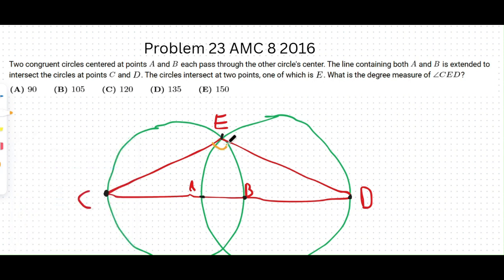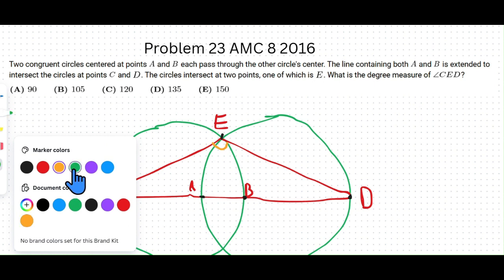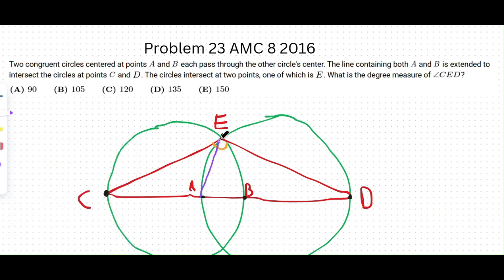What we can do is drop down an equilateral triangle right here. I'm sorry that my diagram is not that good. Equilateral triangles, what is so special about them? They all have the same angle measure, which means that every single angle here is 60.